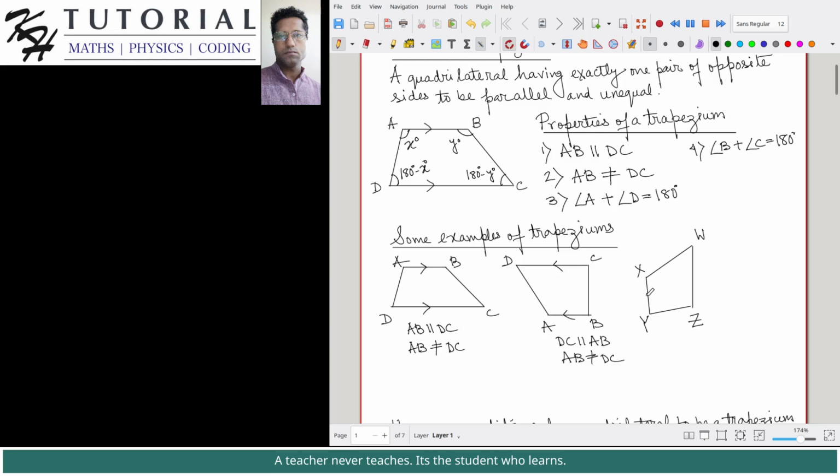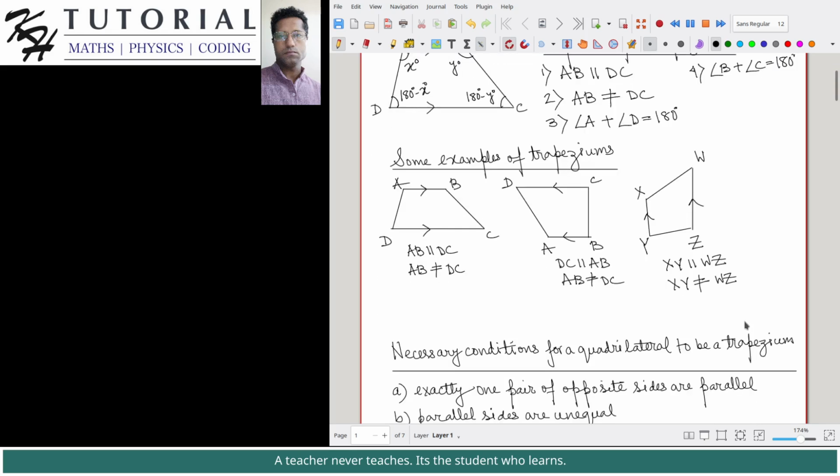So we have XY parallel to WZ. So this is a trapezium where XY is parallel to WZ and XY is not equal to WZ. I hope you got the idea of how a trapezium looks.